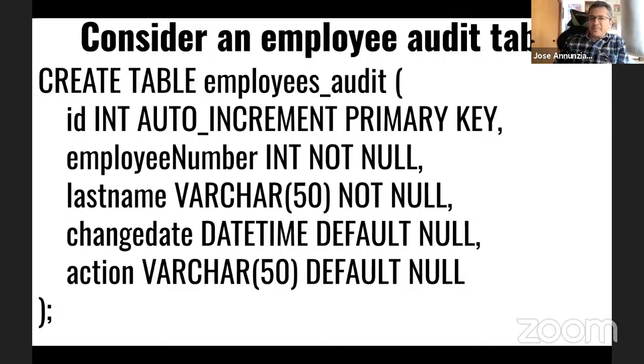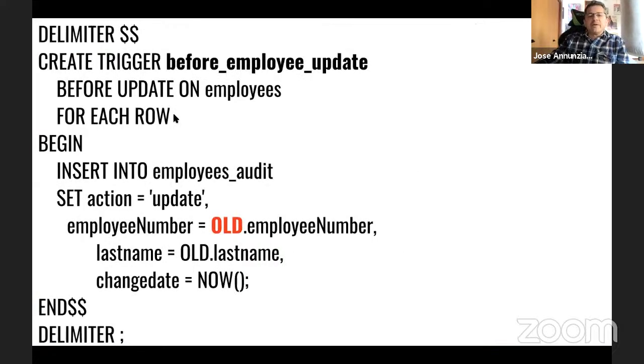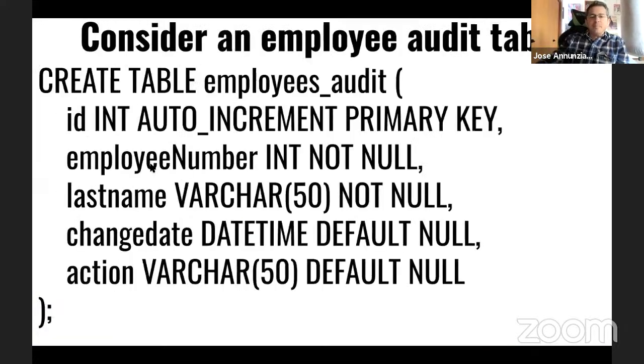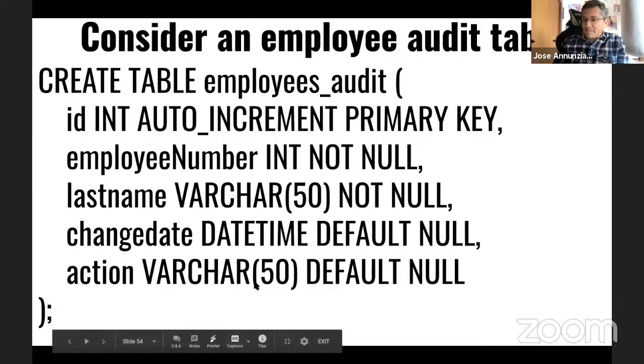So we have an auto increment, the employee number, the last name, and when this change happened, whether the employee was moved between departments or got a raise. We want to keep track of when it happened, and the action: what happened to this employee.